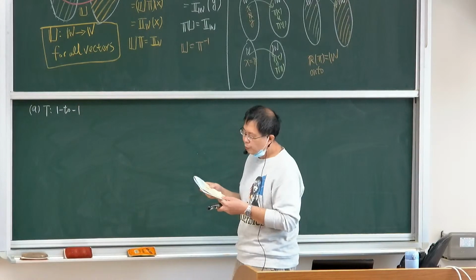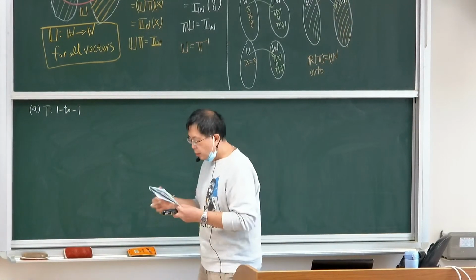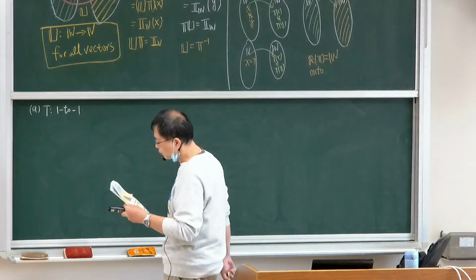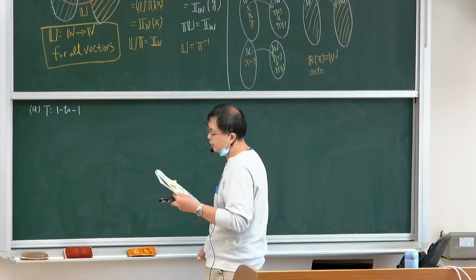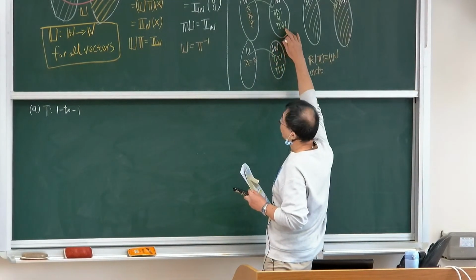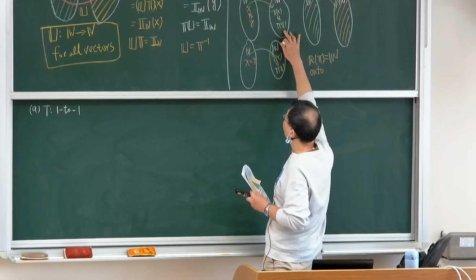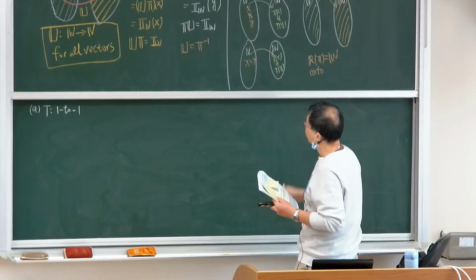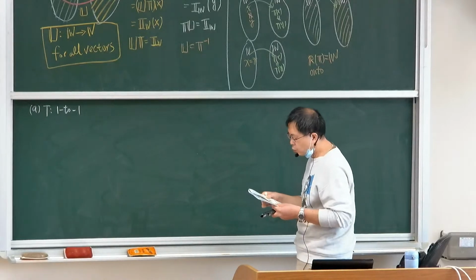Okay, we need to prove that T is 1 to 1. If we want to prove that T is 1 to 1, we have to prove that if x is not equal to y, then T(x) is not equal to T(y), or we can prove it in this way.